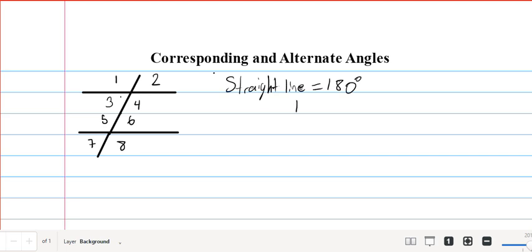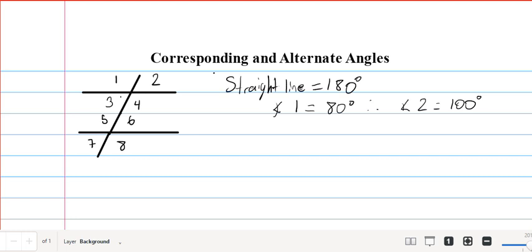So if angle one, let's say, equals 80 degrees, then you know angle two equals 100 degrees, all right? Because they have to add up to 180 degrees. Angle 1 and 3 are also on a straight line, right? So if angle 1 is 80, then angle 3 must be 100 degrees, all right? So they're on a straight line.